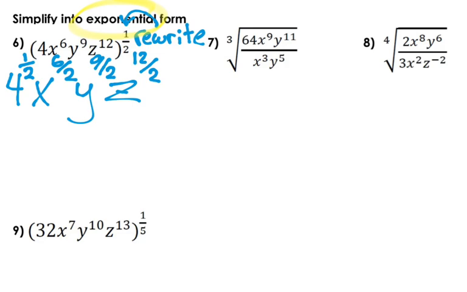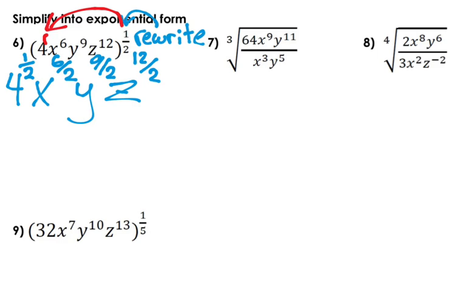So if you used power over root to get started on number 6, you were already doing the wrong thing, since the direction said simplify into exponential form. So we don't even need to use power over root. Just take that 1/2 and basically distribute it to all the exponents you see. You're going to notice that the front 4 has a 1/2 because the 4 originally had an exponent of 1.